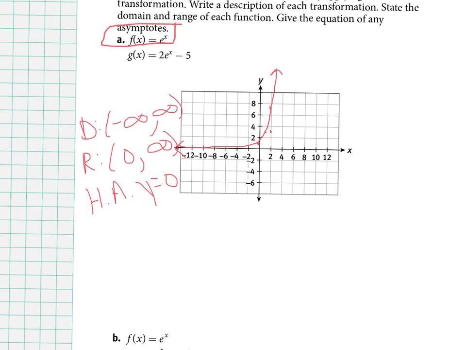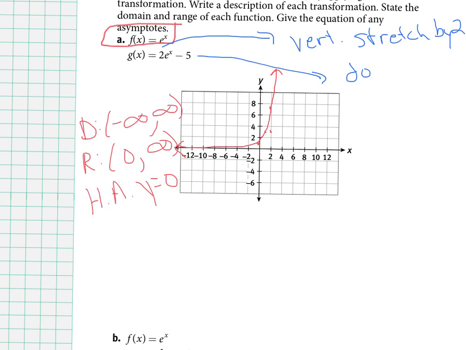My new one, what all is going to happen to it? Well, the 2 is going to be a vertical stretch by 2. And the minus 5 is going to move it down 5. That's also going to move my horizontal asymptote down 5.